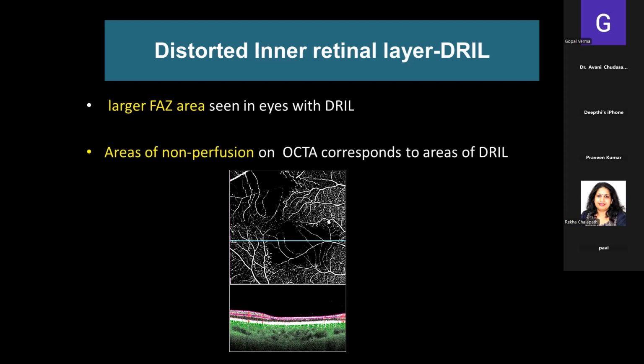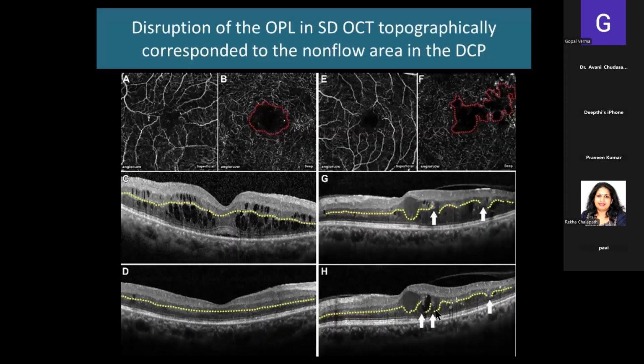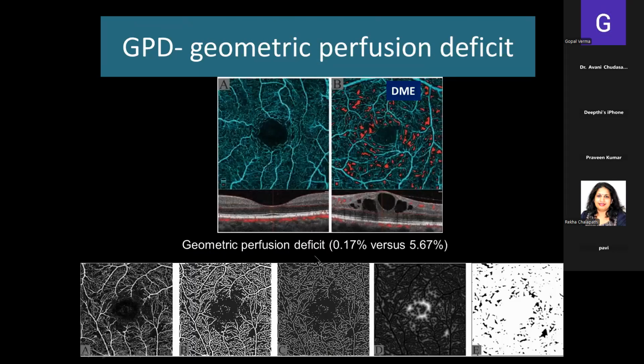Even as we know, the outer plexiform layer is the most important retinal layer required for visual function. If you see a distorted outer plexiform layer on an OCT, it tends to correlate with non-perfusion areas on OCTA. Another important geometry: you can measure the intercapillary non-perfusion areas and quantify something known as geometric perfusion deficit, which also progresses as the severity of diabetic retinopathy increases.